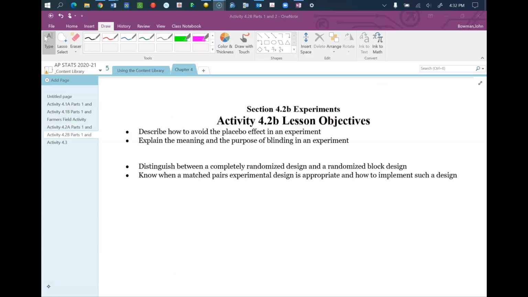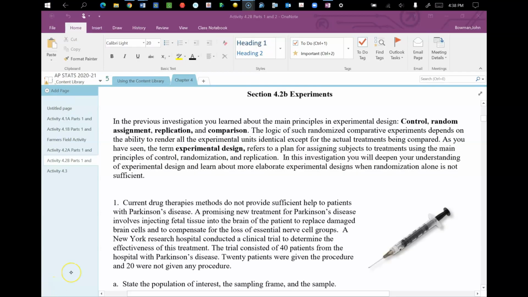So in this lesson, activity 4.2b part 1, we are going to talk about the placebo effect and how to avoid it in an experiment. We're also going to talk about the meaning and the purpose of blinding in an experiment. In the second half, we'll pick up on the remaining 2 bullet items.